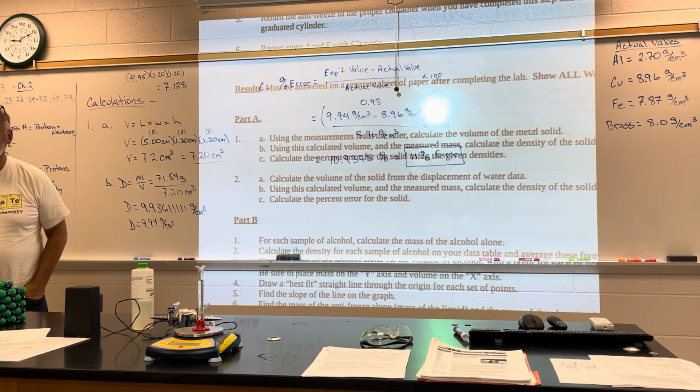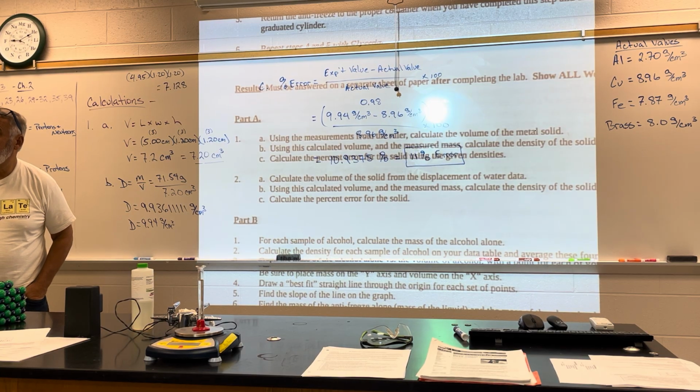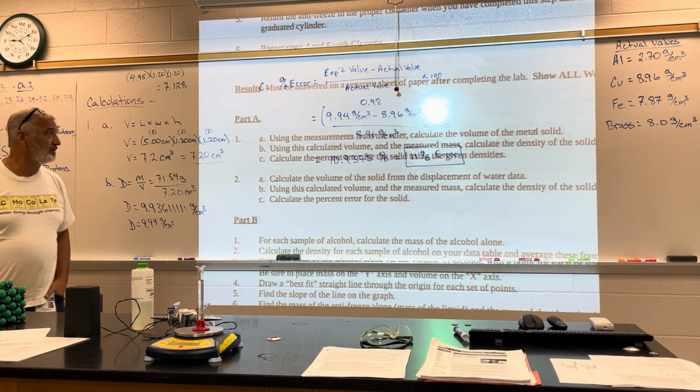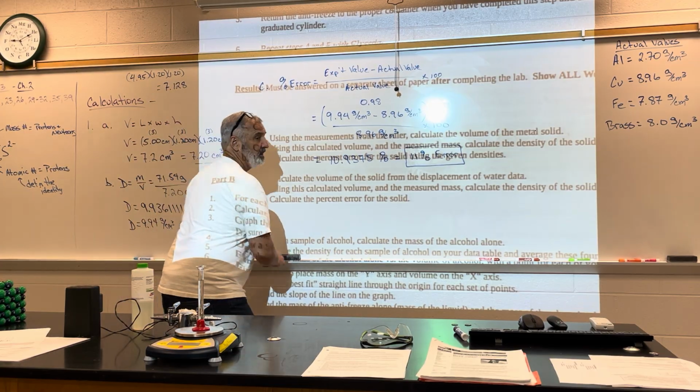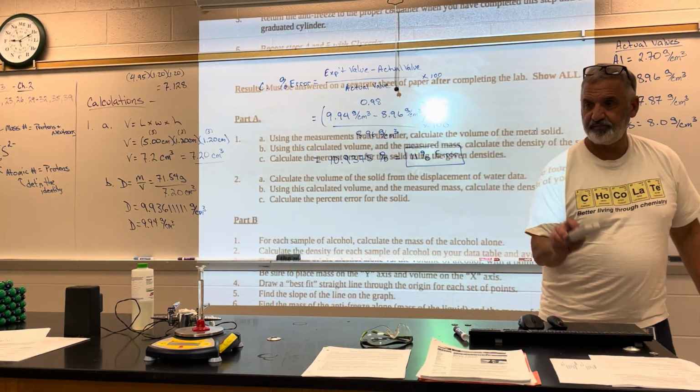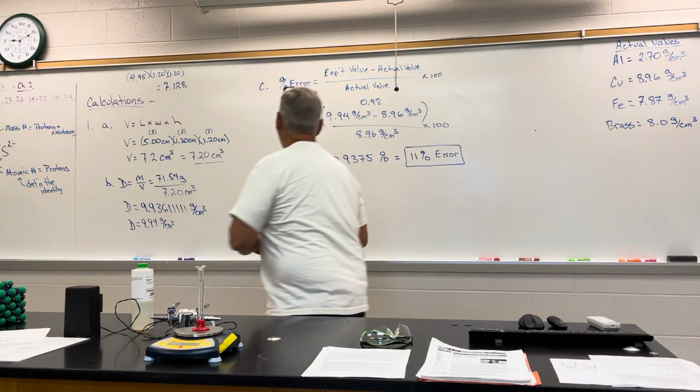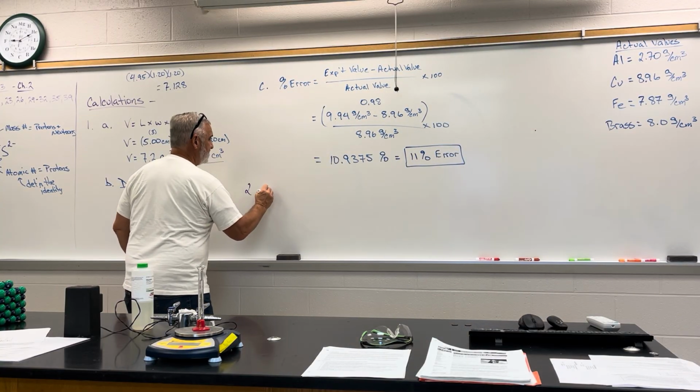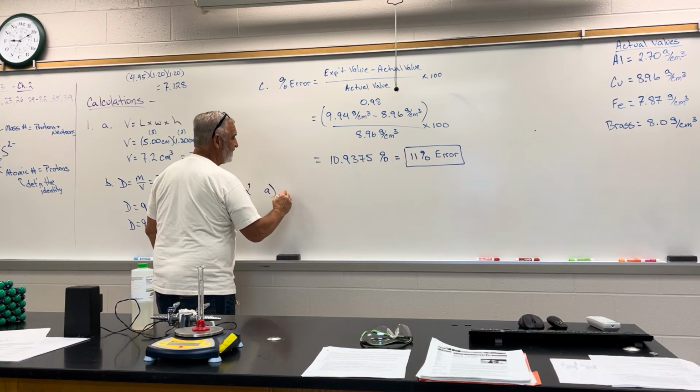Subtract what? The difference between your two volumes, right? You started off somewhere in the 50s, and you went up some. So go ahead now and say 2A, and I'm going to make up some numbers.